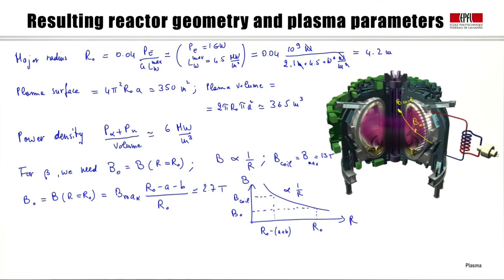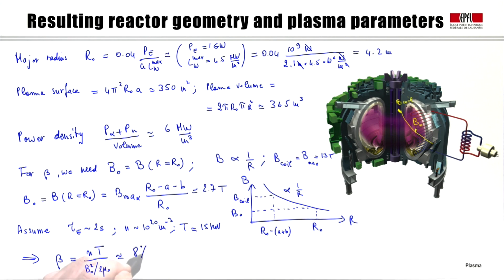So with this value of 2.7 Tesla, we can evaluate beta by assuming a confinement time of about 2 seconds, density of about 10 to the 20 per cubic meter, and a temperature of about 15 keV. Beta is equal to NT divided by B naught squared divided by 2 mu naught. And if I put the numbers, I get a value of about 8%.